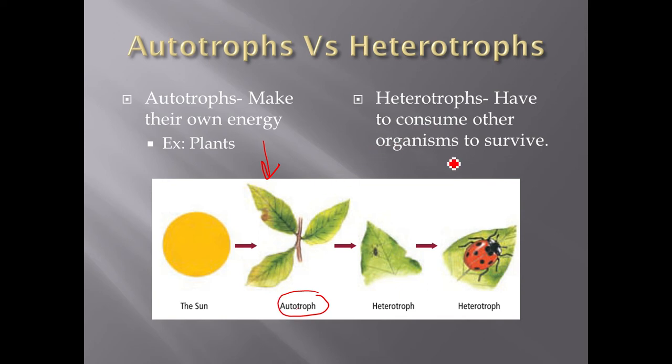Heterotrophs are the opposite. They have to consume other animals in order to live. So a heterotroph is going to be eating these things right here. So they might eat the autotroph and get that energy that the autotroph got from the sun.